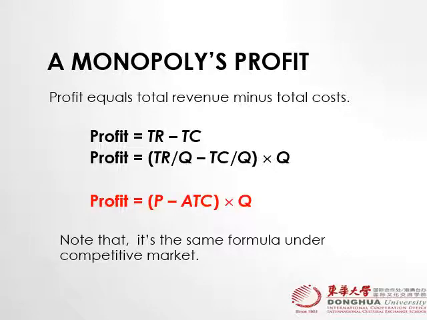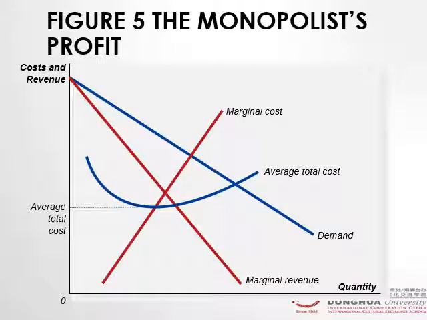Talking about monopoly's profit, the profit formula is the same. In our last lecture, we found out that the formula is price minus average total cost, times the quantity. But if we show it through the graph, it's like this. This is the price line, this is marginal revenue, this is MC, and this is ATC.